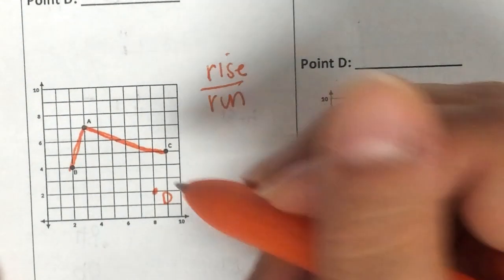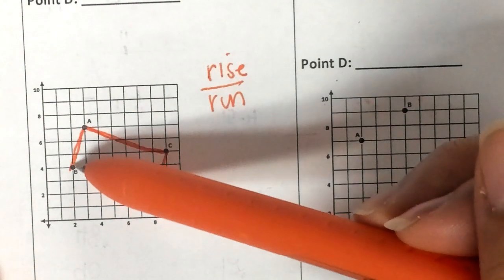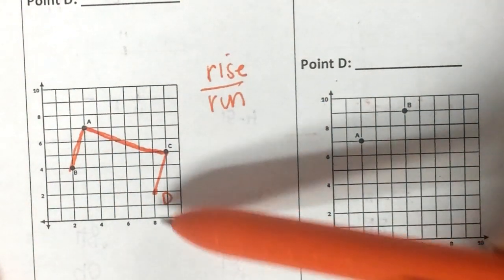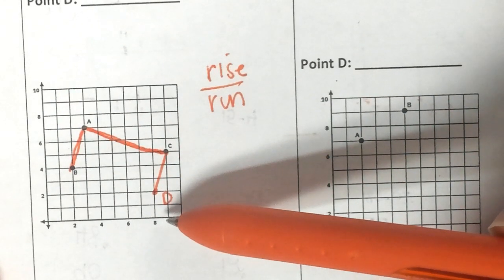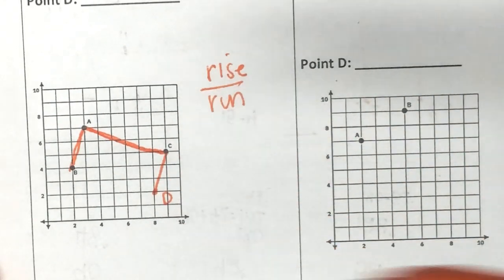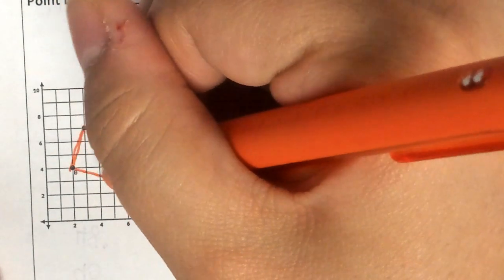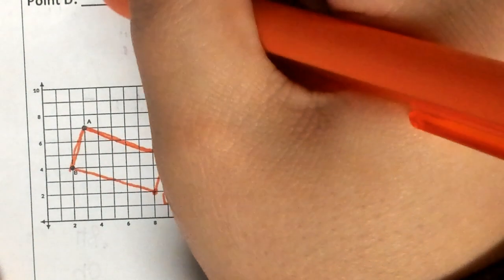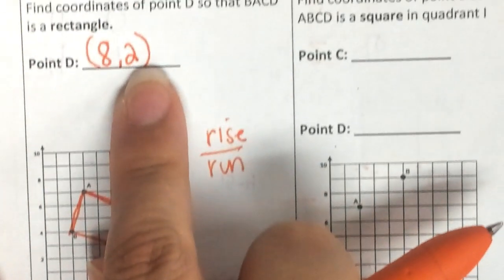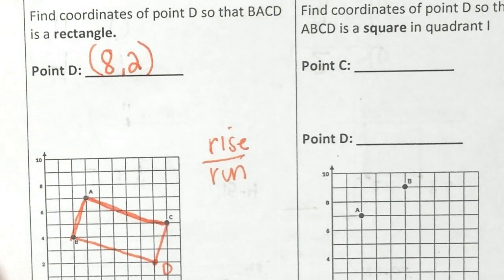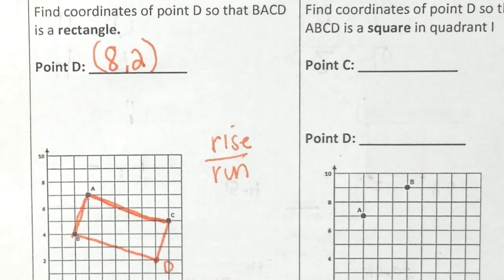Just do the same thing. But what if I start from D and I go up 3? So that's fine, but the only thing about that is you don't know D, so it's hard to go up. So you just go the opposite direction. The opposite direction of wherever it is. So it is at 8, 2. How many of you did not write parentheses around 8, 2? That's points off. Put parentheses around points.